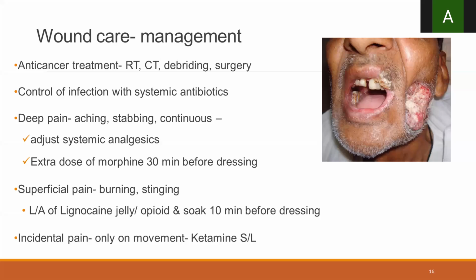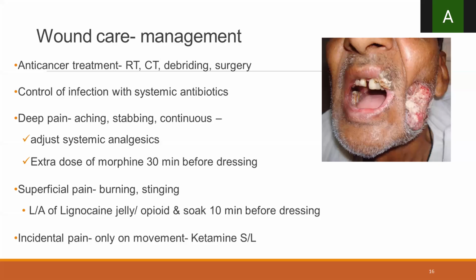So that can be discussed and then it can be started. But it does help. Then debridement and surgery to a certain level may help in the management of the wound. Control of infection with the help of systemic antibiotics is very essential.